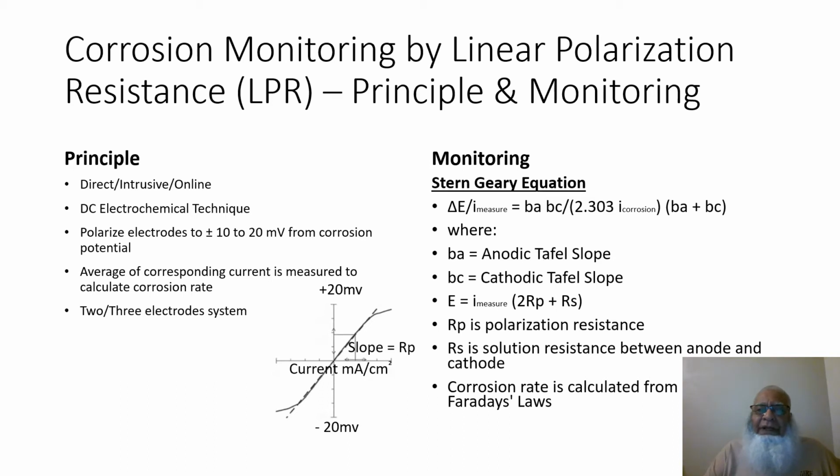Rp is the polarization resistance, which you measure as a slope from the straight line in between plus minus 20 millivolt. Rs is the solution resistance between anode and cathode. Corrosion rate is calculated from the use of Faraday's laws.